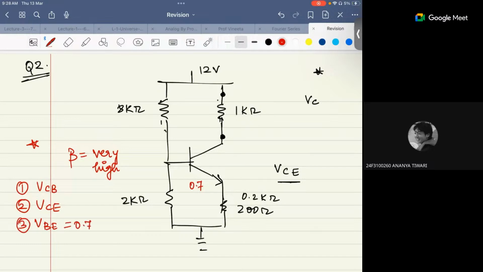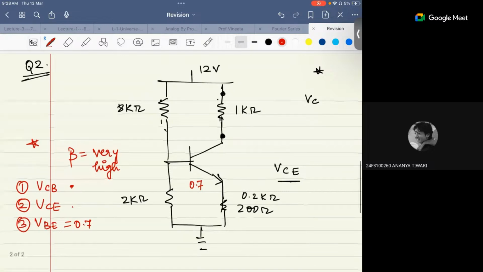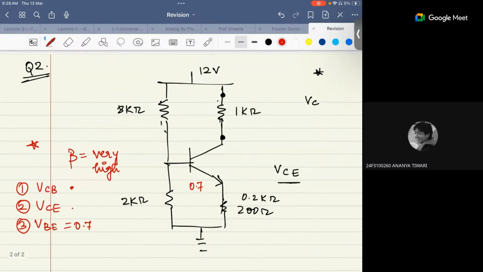So if you are able to calculate this, you'll be able to calculate the other one also. Correct? Calculate VCB.